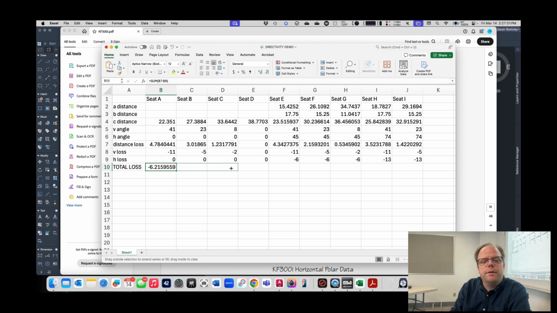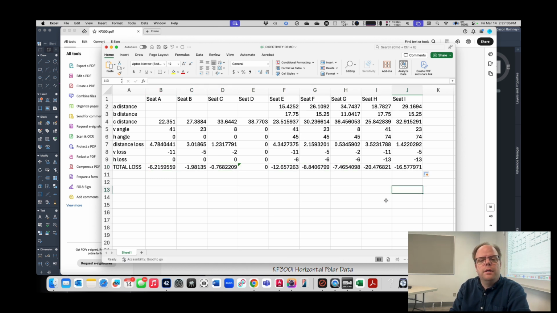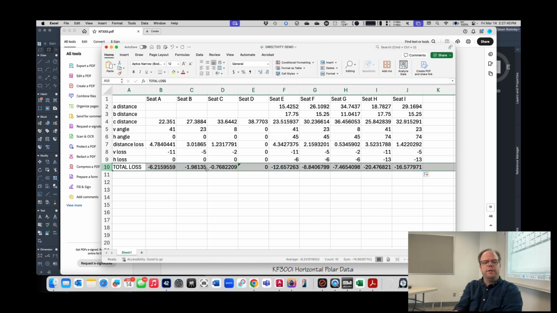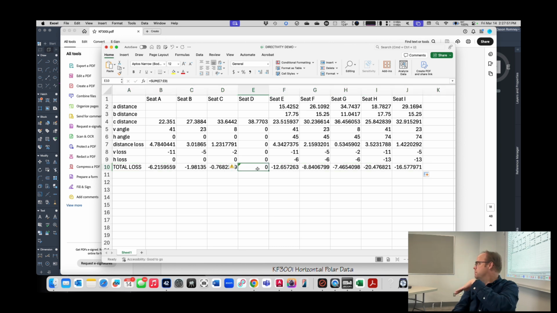And I can copy that across all the way, and I should get it. All right. So this line here is showing how much different each of these seats are from seat D in terms of loudness at 2 kilohertz.